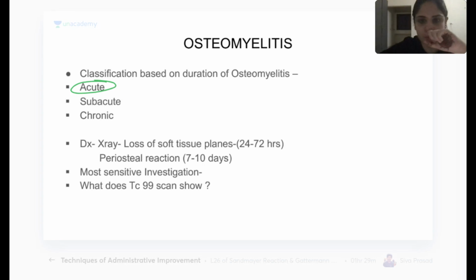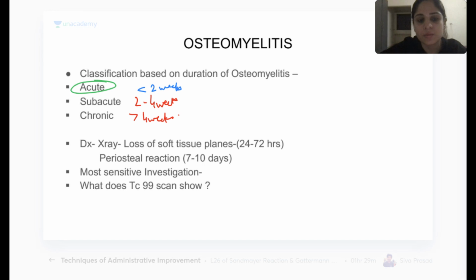What is the duration for which you have to call it acute osteomyelitis? It should be less than 2 weeks. What is the duration for subacute osteomyelitis? For subacute osteomyelitis, 2 to 4 weeks, very good. And for chronic osteomyelitis, more than 4 weeks.